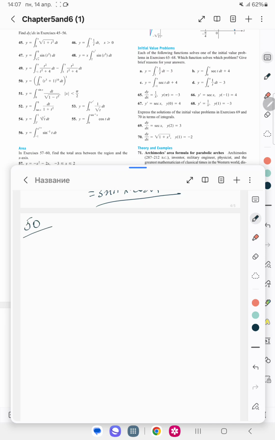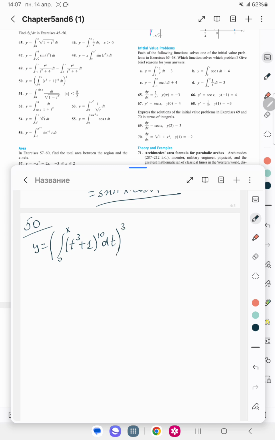Then I will solve the area problems. The function is the integral from 0 to x of t cubed plus 1 to the power of 10 dt, cubed.